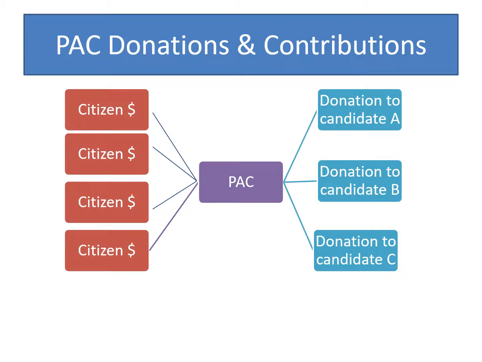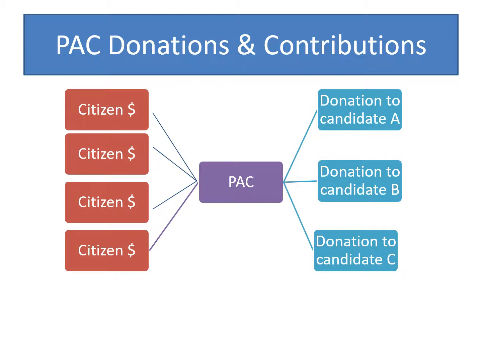Okay, the other kind of outside lobbying is that interest groups collect citizen donations that can be distributed to candidates who are running for office who support the interest group's issue positions. Now, that's what we call a PAC. Please note that a PAC is really different than lobbying.